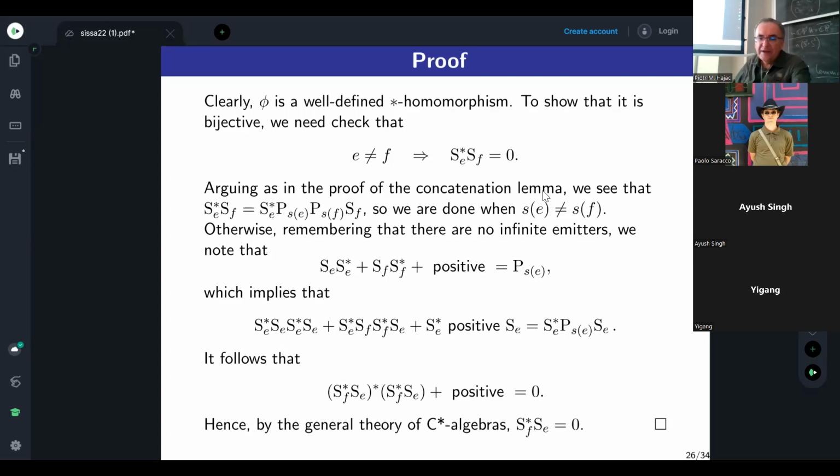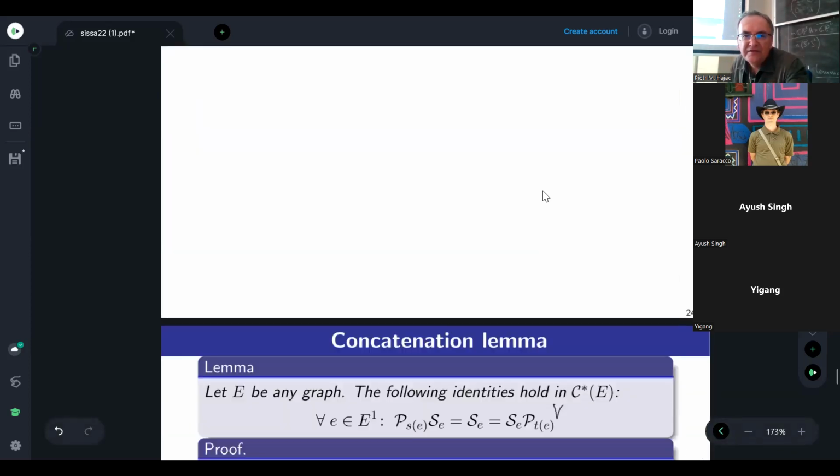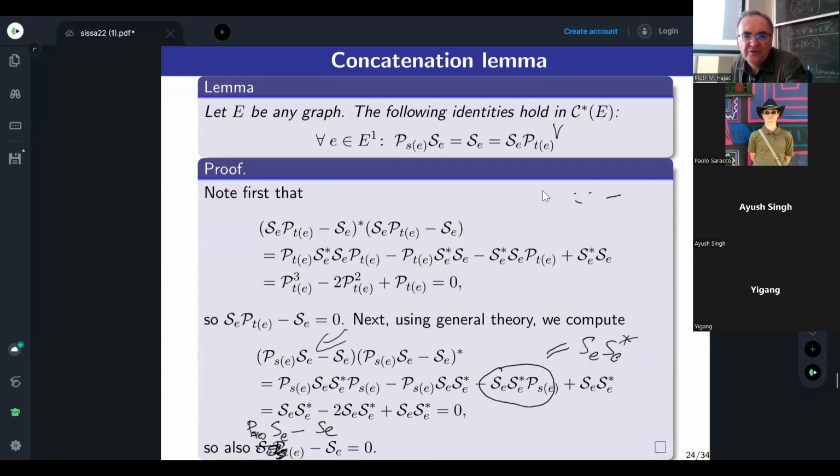Let's go back to the proof I did in the calligraphic case and see that I'm not using any properties that are not given to me in the straight case. It's proven by this calculation, and I'm just using the C-star property and this absorption property.